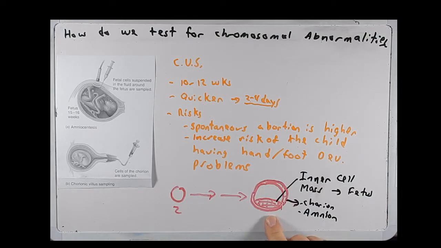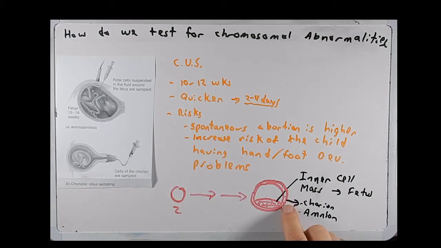So one would predict that all of these cells that make up these extra tissues here outside of the fetus, as well as the cells of the fetus, should all have identical genetic structures. Now, it's rare, but sometimes what happens is that the cells on the outside here that become the chorion, amnion, yolk sac, and all those other things gain a mutation early on and misrepresent these tests.